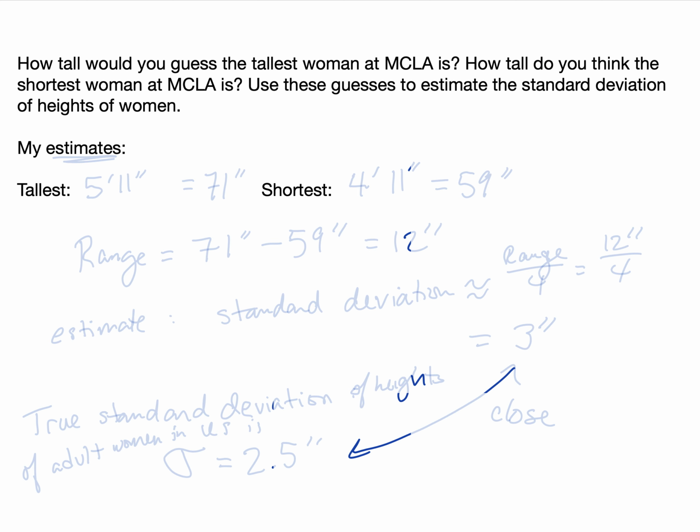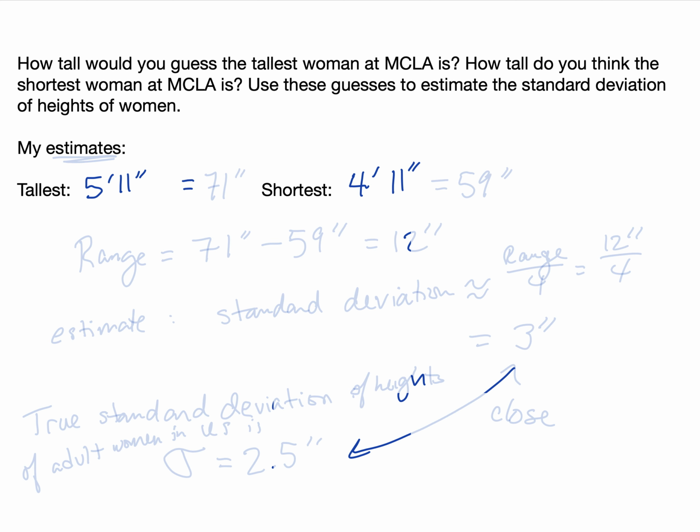For my estimates, I'm going to say that the tallest woman I've seen walking around on campus is maybe 5'11", and the shortest woman I've seen is just under 5 feet, maybe 4'11". That would translate to a difference of 12 inches.